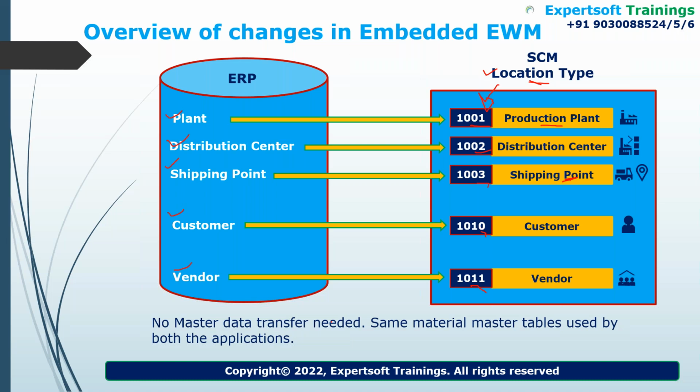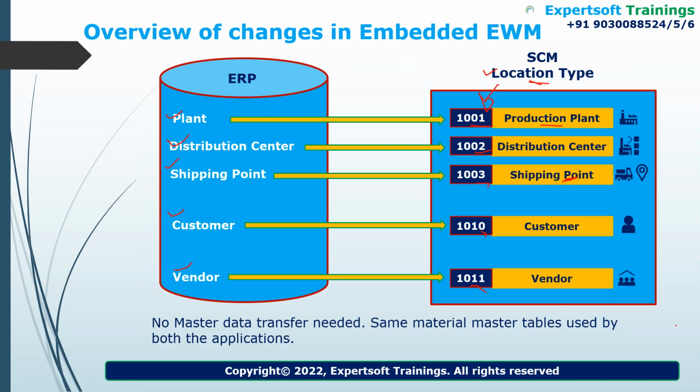Because your S4 HANA has the same table for your EWM and your S4 HANA. For example, creating a business partner: both systems deal with business partners. So in S4 HANA, you don't need to sift these things.